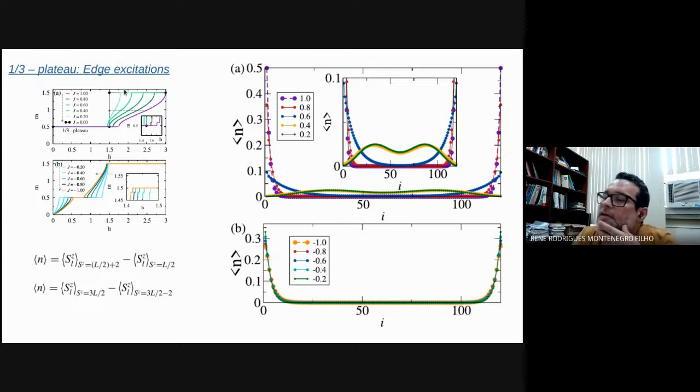The first, the edge excitation from the 1/3 plateau, exists down to some value here that is 0.06. Below this, the edge excitation disappears, and we have bulky excitations.